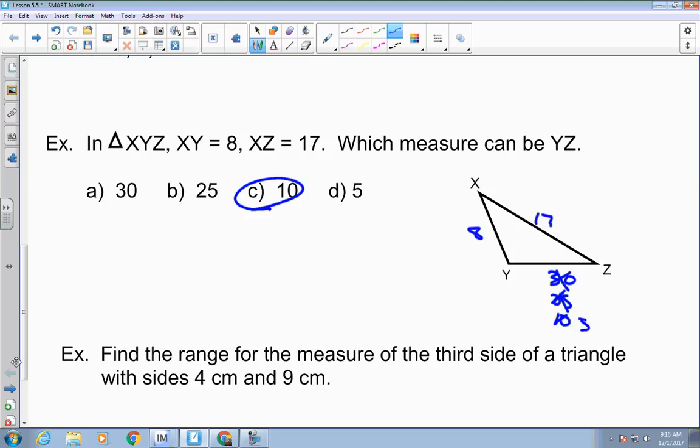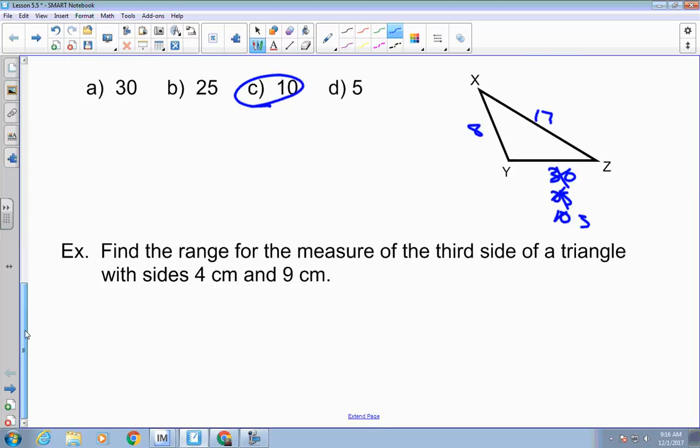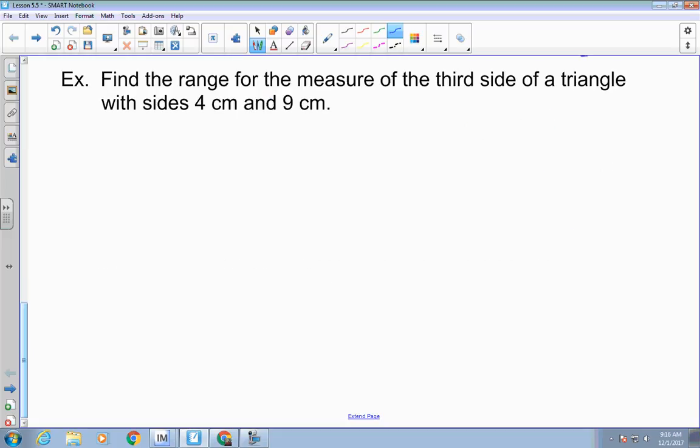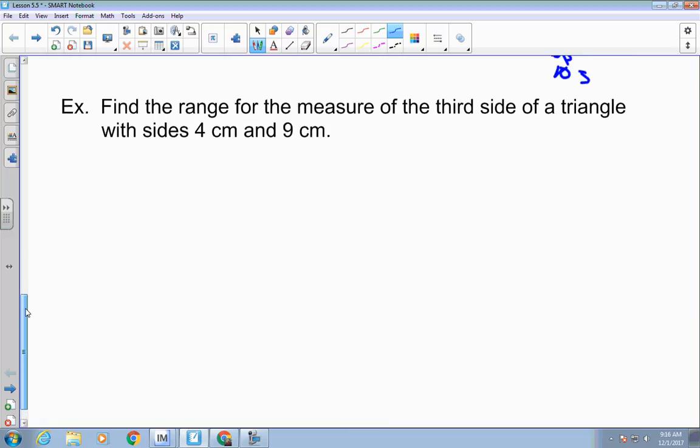Okay? Alright. Now, you'll be asked to find a range of values. There's more than one possible combination that you could have with numbers, right? So when you're asked to find a range, you are going to find a lower limit, and you are going to find an upper limit.